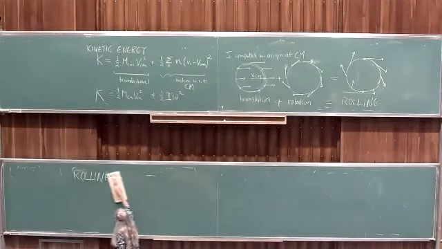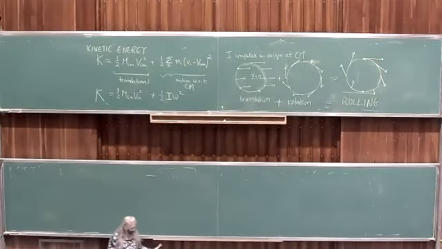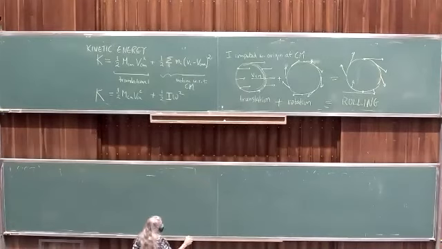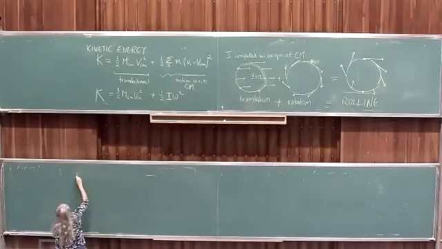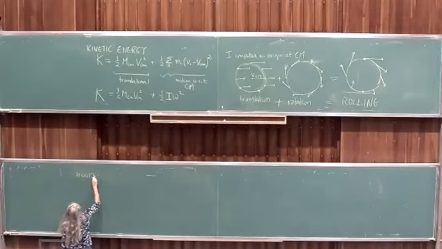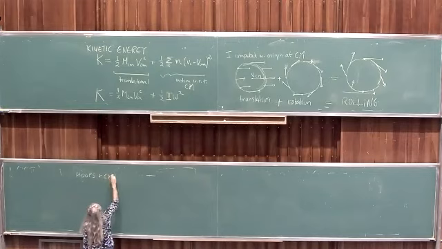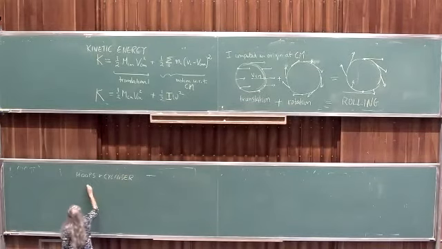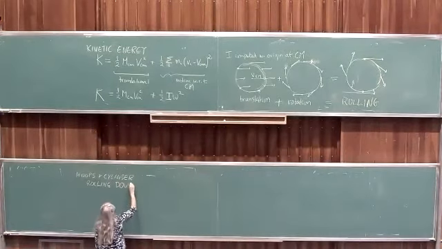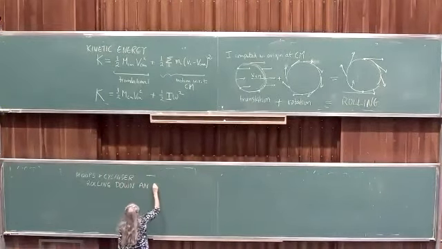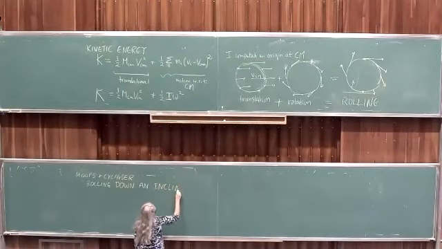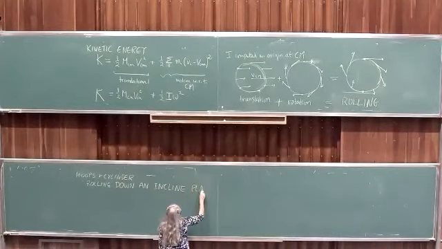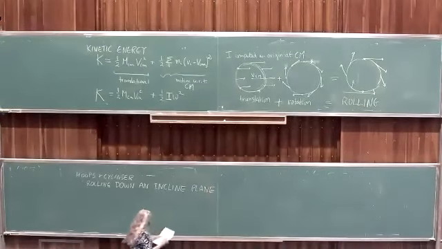Okay, so the problem we're going to do is actually that demonstration. So we're going to have hoops and cylinders of various types, and they're rolling down an inclined plane.